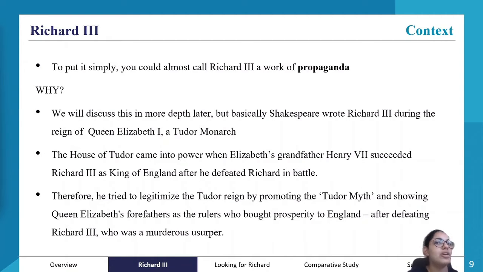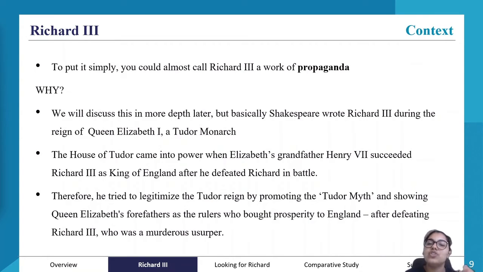Richard was a bad person, villainous and evil, and so by killing him, Elizabeth's grandfather brought peace to England, and now he's the rightful heir to the throne, and the Tudor monarchy are the rightful heirs to the throne. They deserve the throne, they are the true rulers of England.